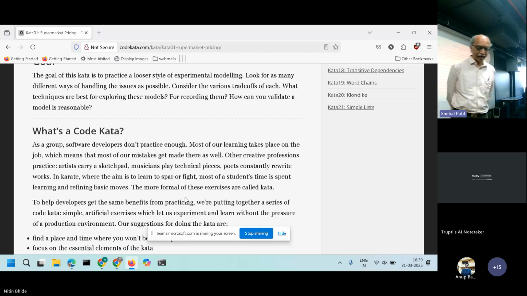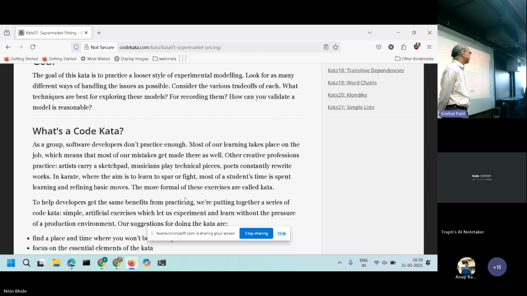So, when we started looking at it, the majority of people presented one solution. The purpose of the kata is to explore multiple solutions and compare. The word kata comes from martial arts, where the same set of steps are practiced multiple times.